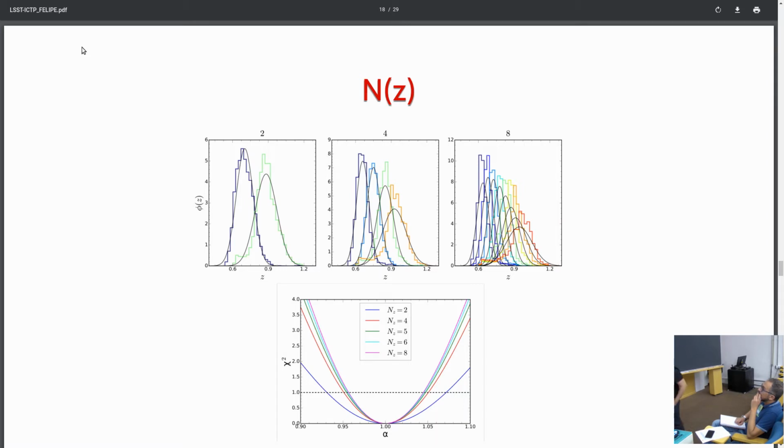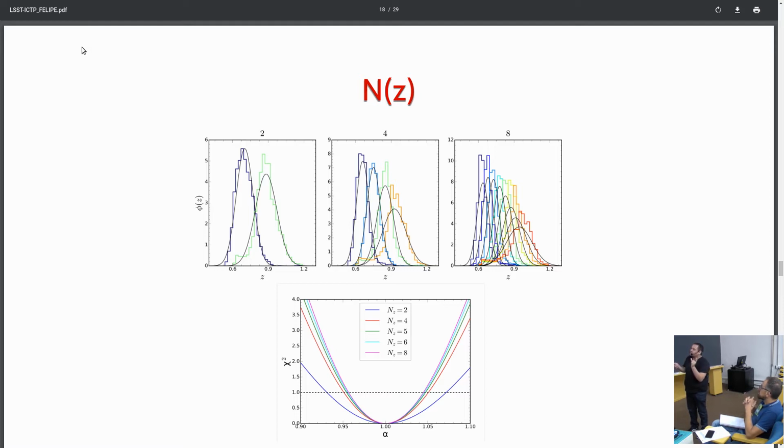Another test that was done by people in configuration space was the best number of redshift bins. You have to play a game here: if you put a lot of redshift bins, your alpha scatter will be low, and you do want alpha well constrained.